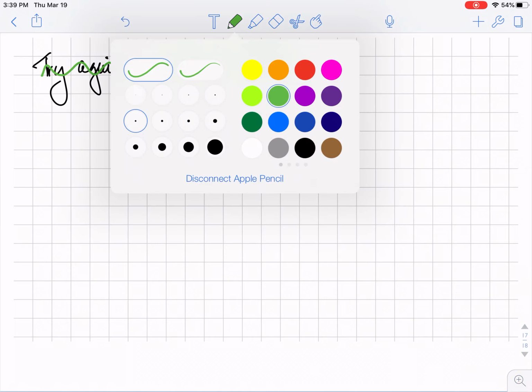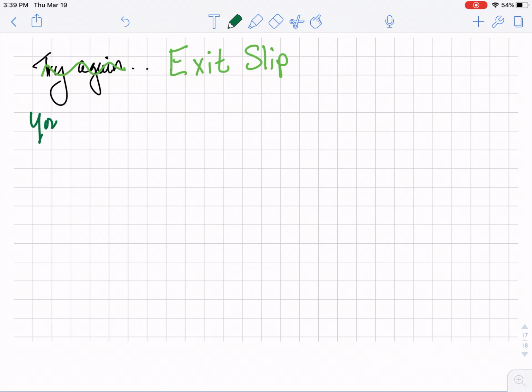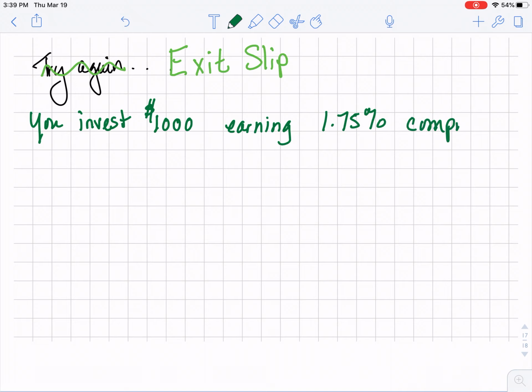Two questions. Number 1: you invest $1,000, earning 1.75% interest, compounded quarterly, for, let's say, 8 years.